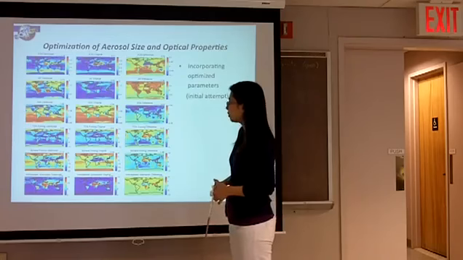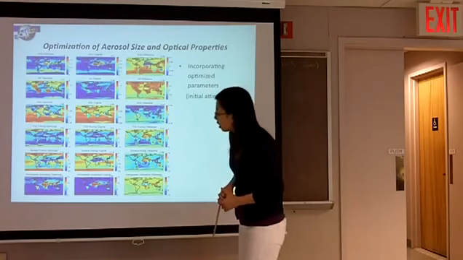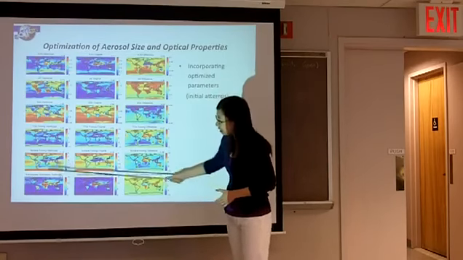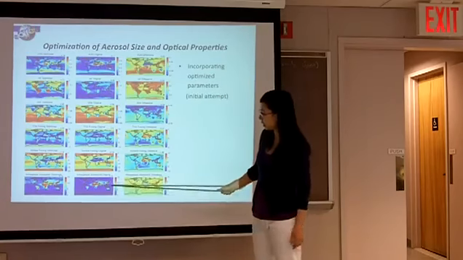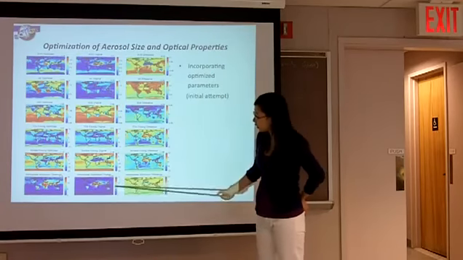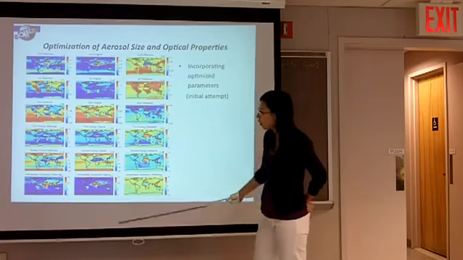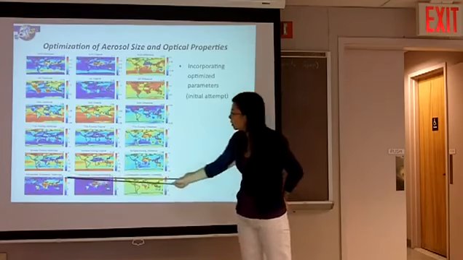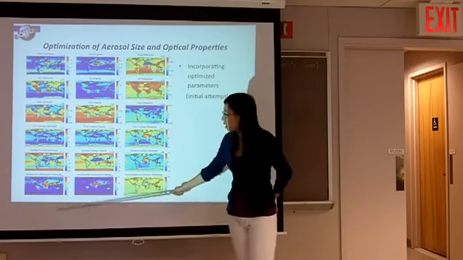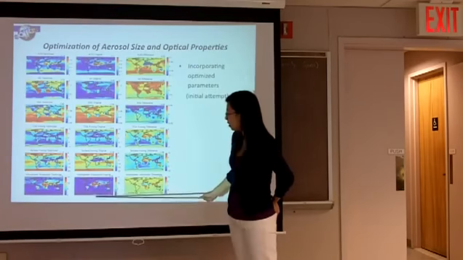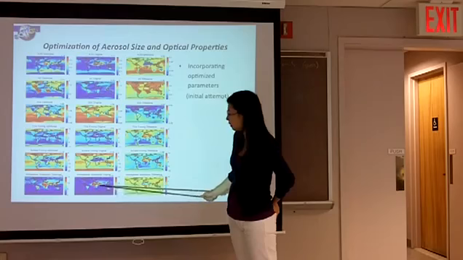For the forcing change, we can also see that the atmospheric absorption seems to be increased relative to the original value. We have the most increase over East Asia, like this one here, and also India, and South America and South Africa.